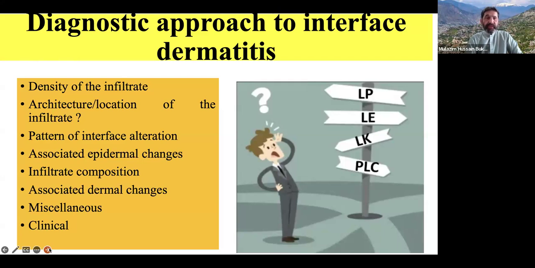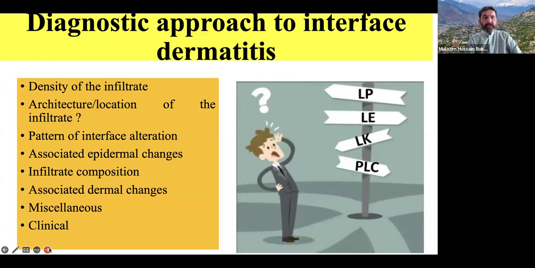And what is the pattern of the alteration, either in the basal layer or in the deep layer, or is there vacuolization or is there band form. Sometimes you see mucin deposits. Sometimes you see iron deposits.